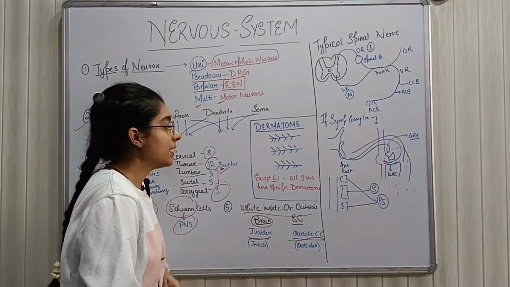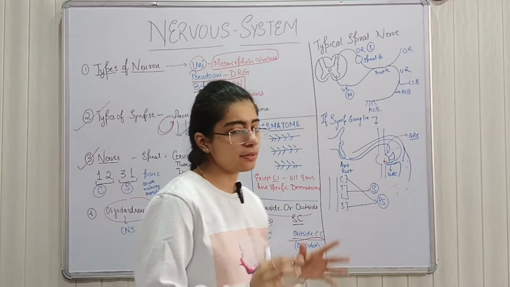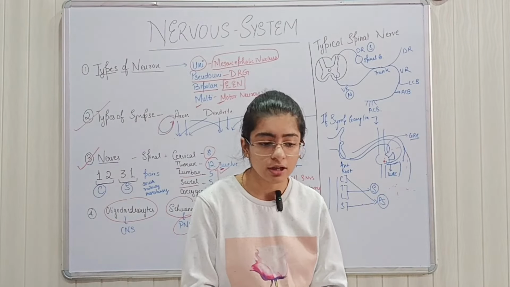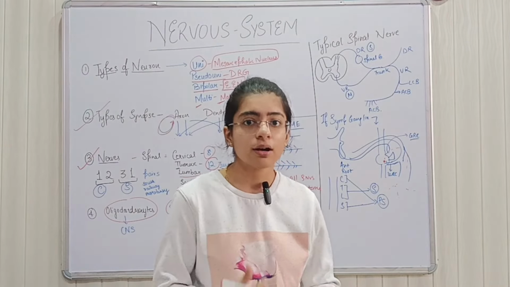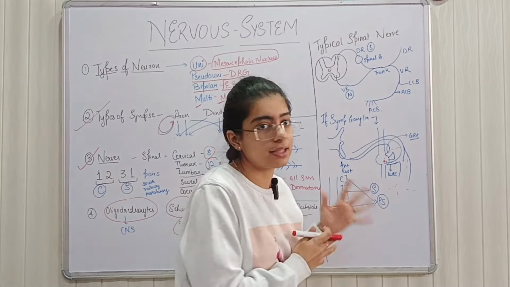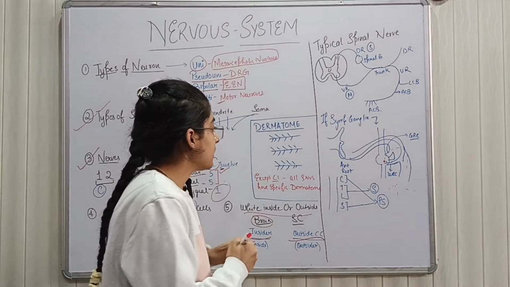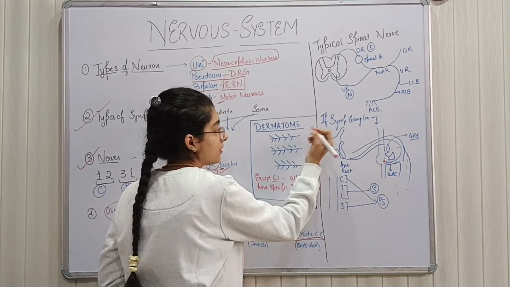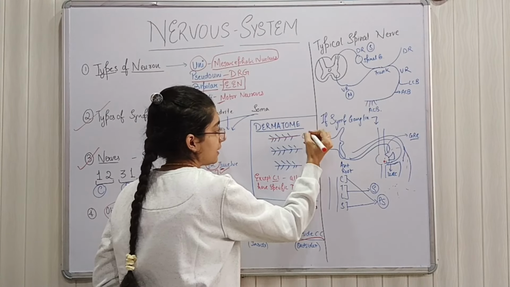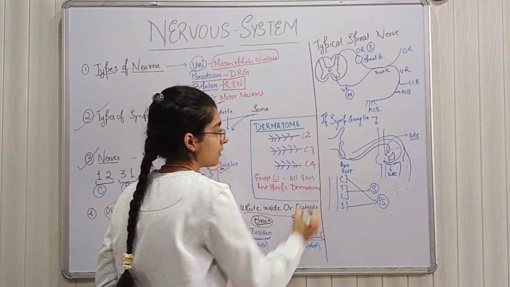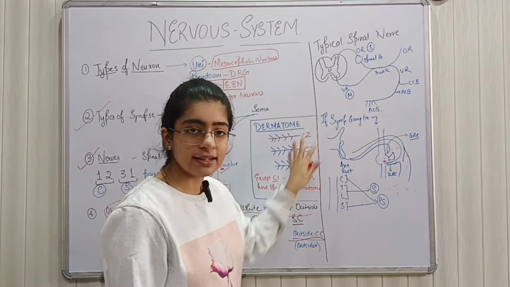Next comes dermatome. We know all the spinal nerves supply a specific region or area, or we can say cutaneous area in this fact. So if I say this is a spinal nerve and I say C2, C3 and C4, right? C1, why didn't I write C1?